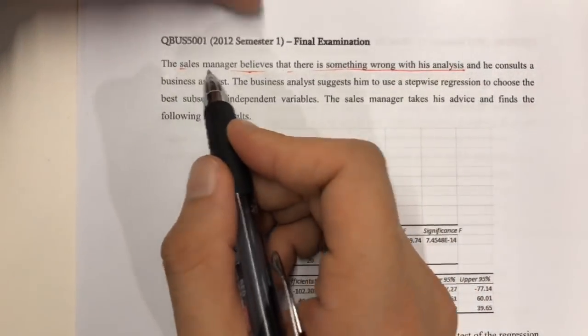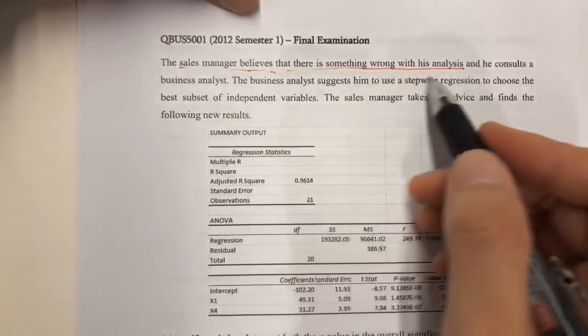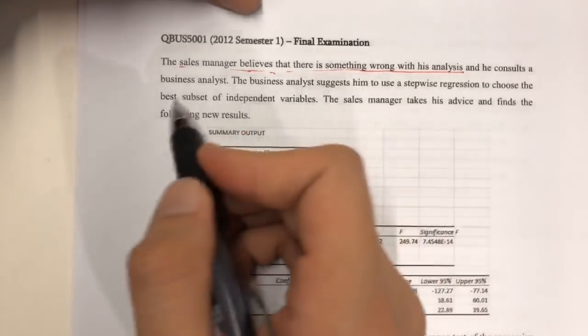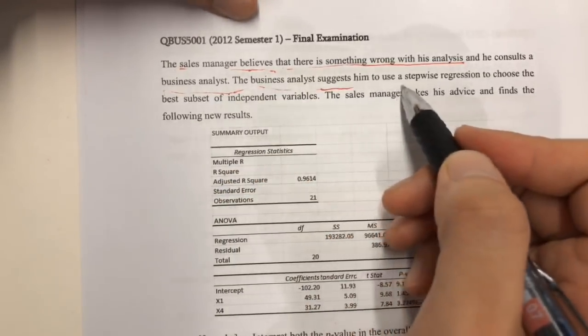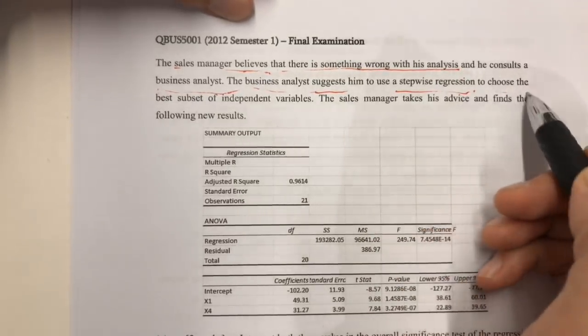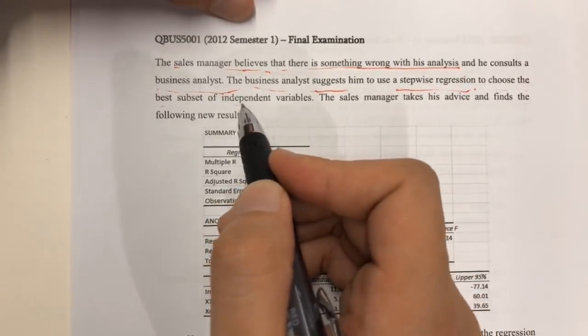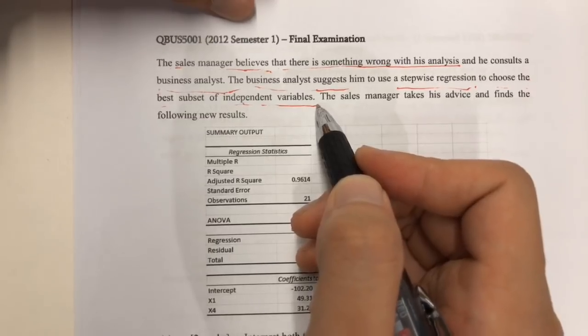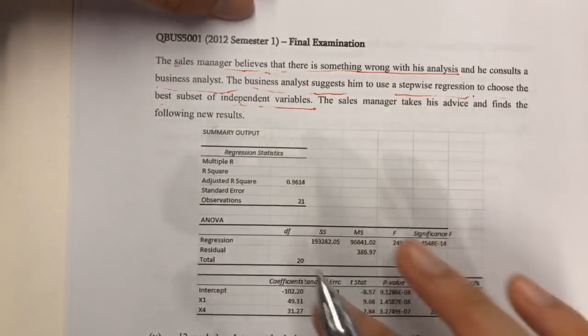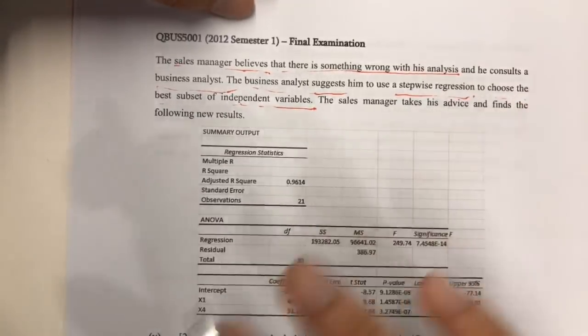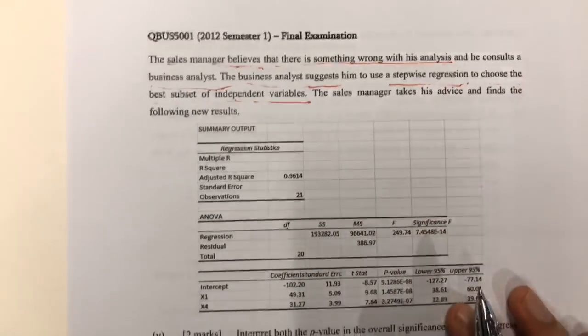All right, the sales manager believes that there is something wrong with the analysis, and he consults a business analyst. The business analyst suggests he use a stepwise regression to choose the best subset of independent variables. This involves removal of unimportant or insignificant independent variables.